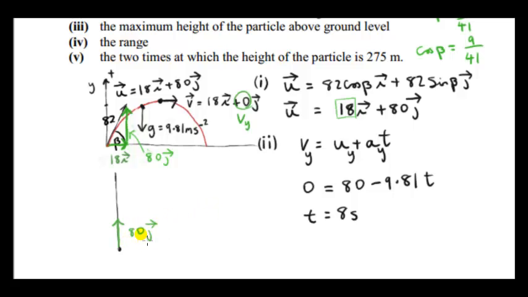As I'm looking at just the projection of the particle onto the y-axis, the velocity is decreasing because of the minus sign here, and eventually, of course, the projection will stop. We know what time that occurs at. The time is 8 seconds that we just calculated.